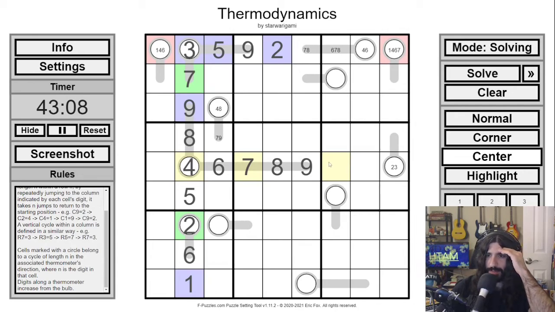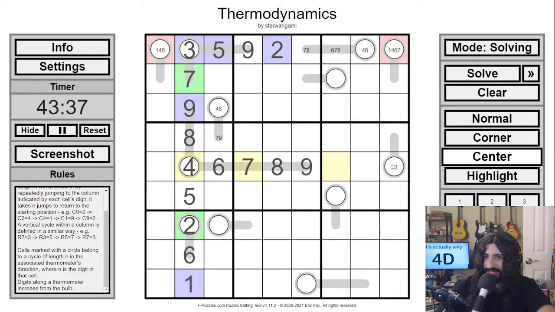Whoa, okay. These are involved in a cycle. So whatever the one is that isn't these, that square has to have a 2 in it, because it has to finish the cycle.